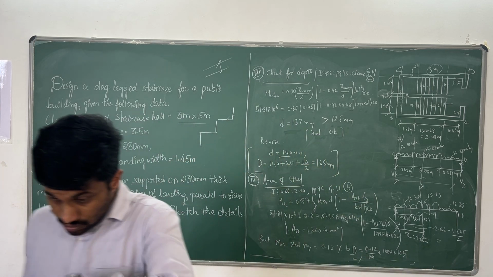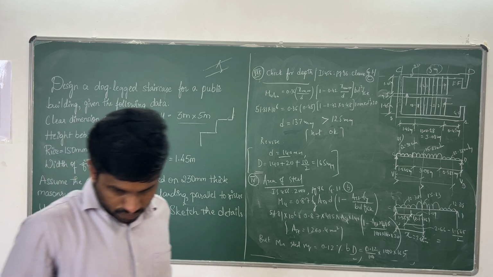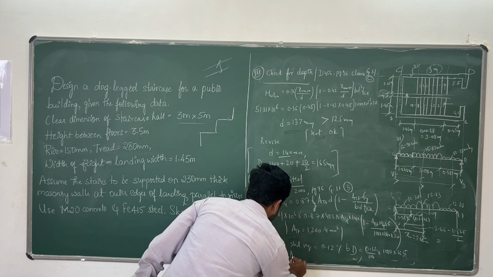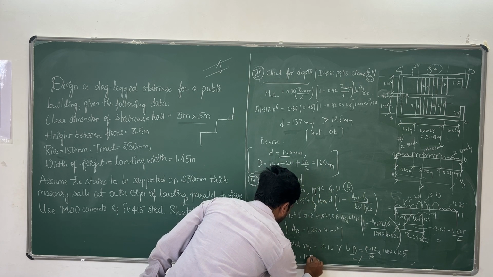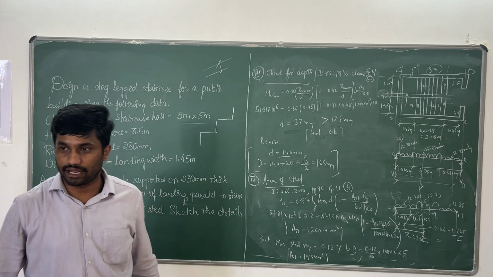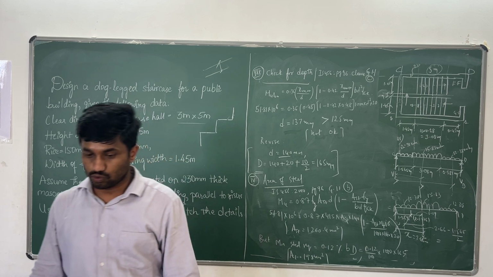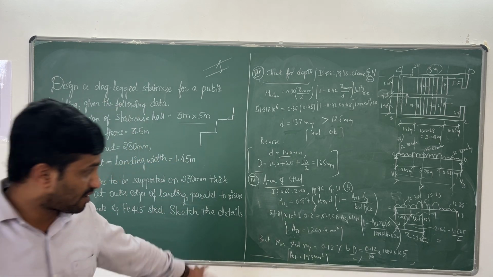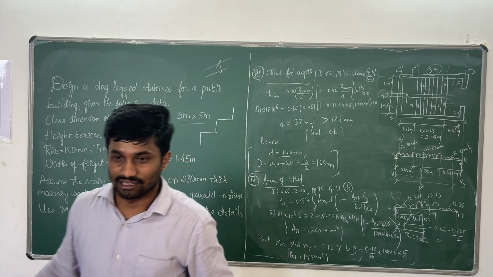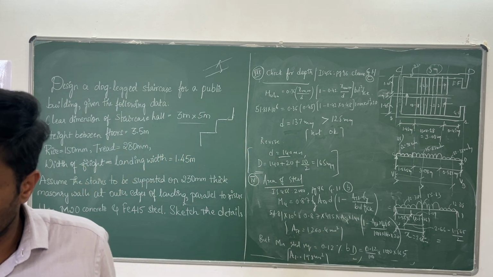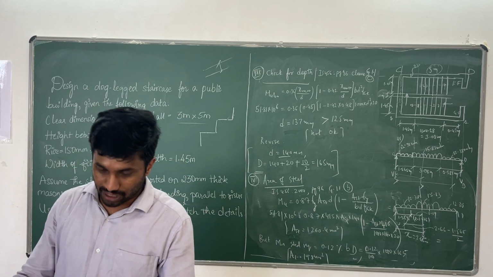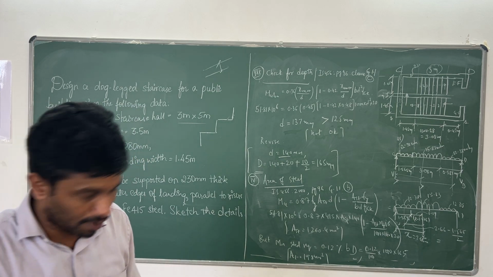How much? 198 millimeter squares. This is the Ast minimum required, 198. Here we provided 1260. It's okay. In some cases, if it is less, then you go for minimum steel. Clear? Now, spacing. Initially we assumed what is the diameter of the bar? 10 mm. Right? Now we compute the spacing of the 10 mm bar.